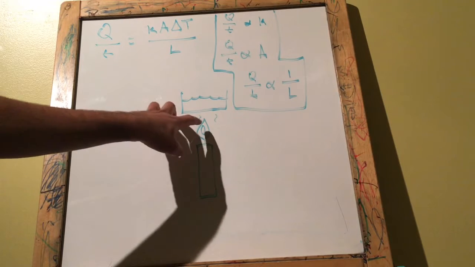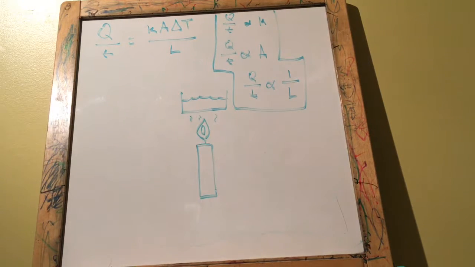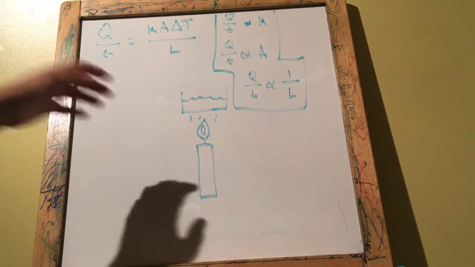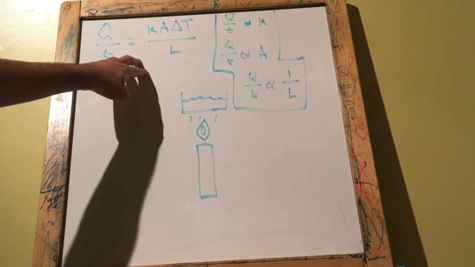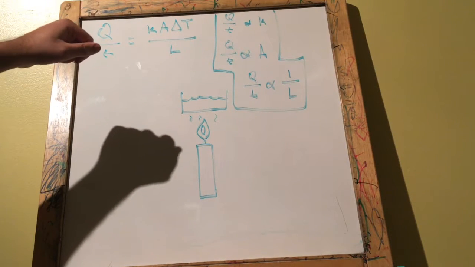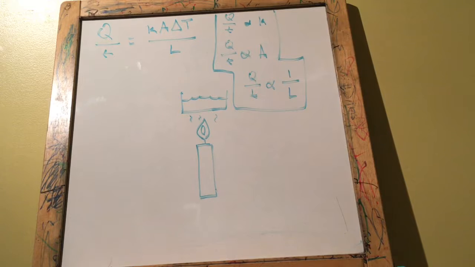Now, when you put a candle underneath the engine, the molecules surrounding the candle will begin to move at a really fast speed and will also have a really high temperature. What that does is heat the metal, and based off this equation here, we can see that metal is a really good conductor of heat.